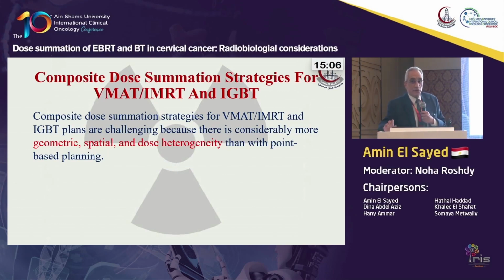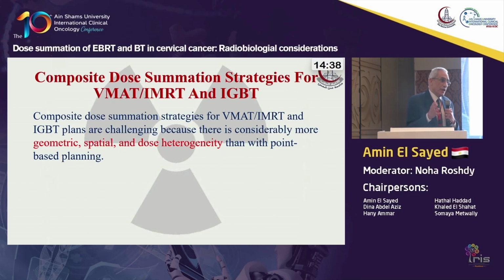After the development of medical imaging and volume imaging using CT and MRI, and almost in the same era, new techniques in external beam radiotherapy were introduced, like IMRT and VMAT.